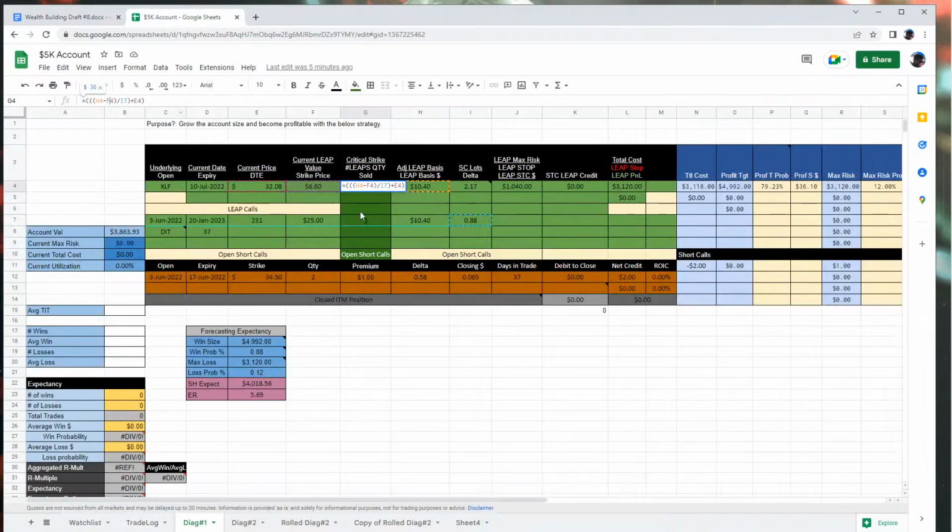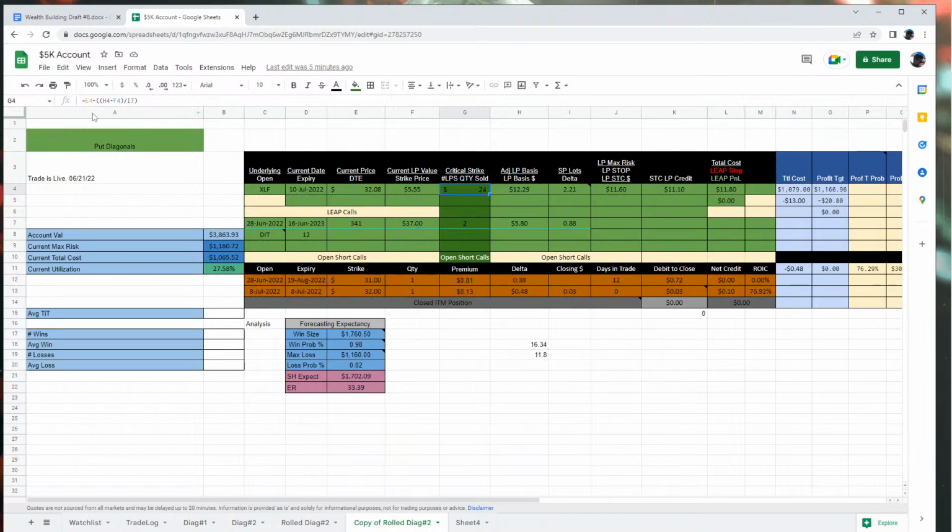And you can see all of that here. And then if you jump over here, you can see that for the put side. Like I said, it may not be 100% right, but it is the same method, just calculated a little bit differently. So we have the current stock price minus the adjusted LEAP basis, minus the current long premium value divided by the long delta.